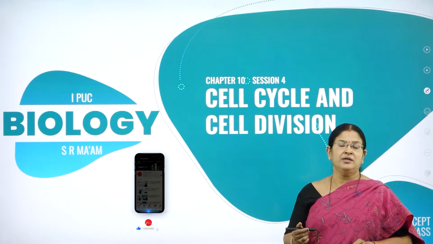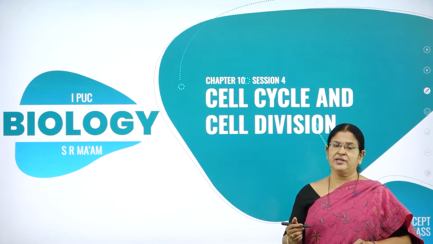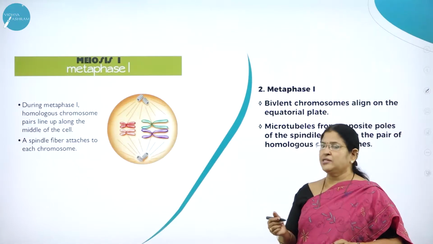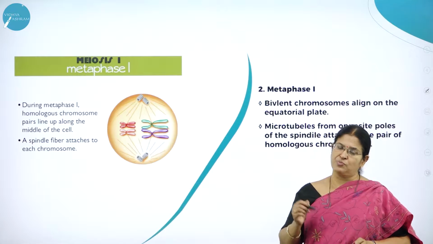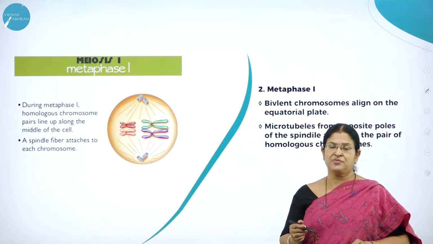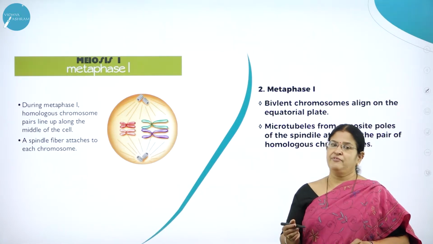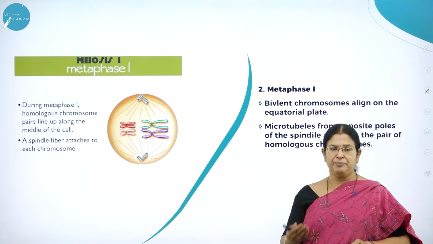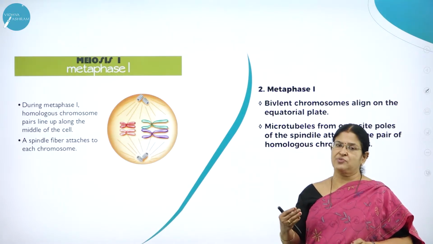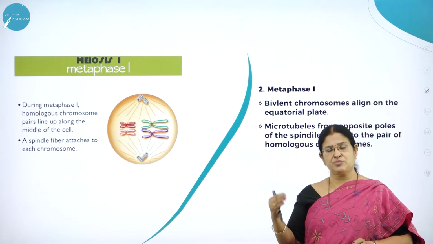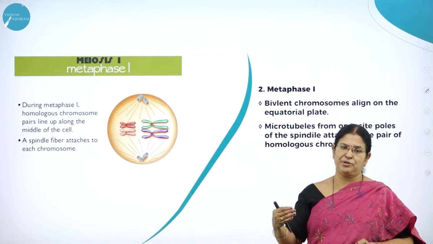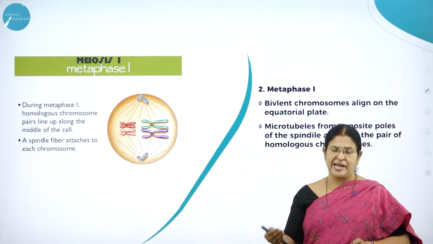As we all know, meiosis involves two very sequential stages, that is meiosis 1 and meiosis 2. And prophase 1 of meiosis 1 is the longest phase with 5 substages, where we have studied leptotene, zygotene, pachytene, diplotene and diakinesis.